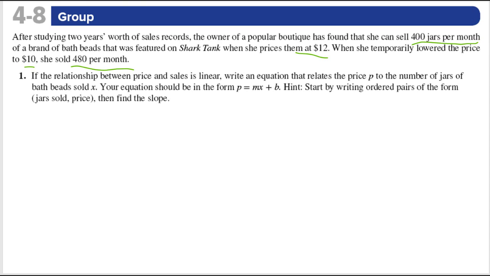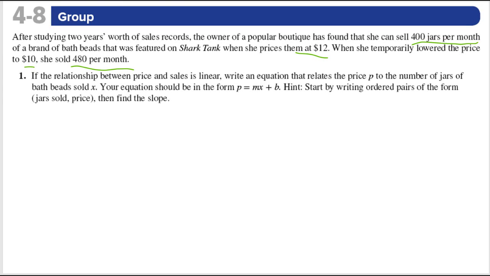So at the cheaper price, more people want to buy them. Kind of makes sense. She raises the price, some people just don't want to pay $12. So question 1, we're assuming that relationship is linear. Write an equation that relates the price P to the number of jars of bath beads sold.